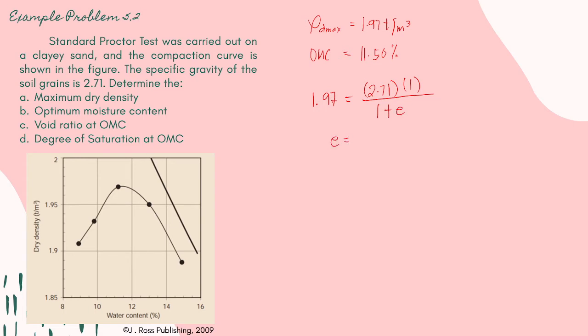I forgot to write the unit: the maximum dry density is in tons per cubic meter, as well as the density of water. As for the specific gravity and the void ratio, they are unitless. So our void ratio is equal to 0.3756.